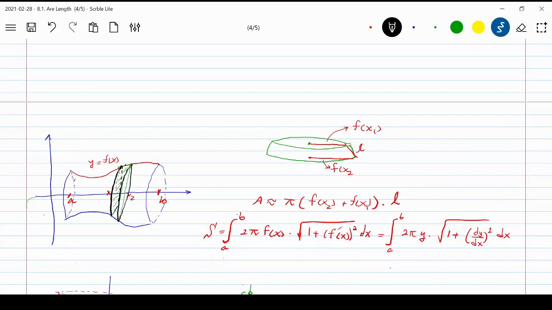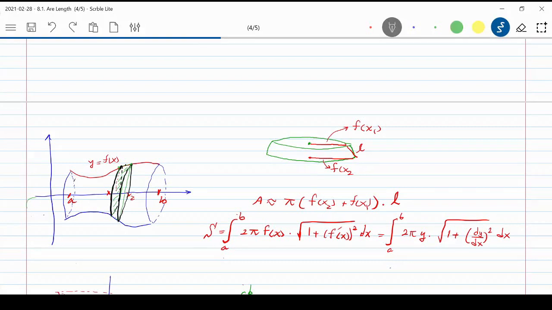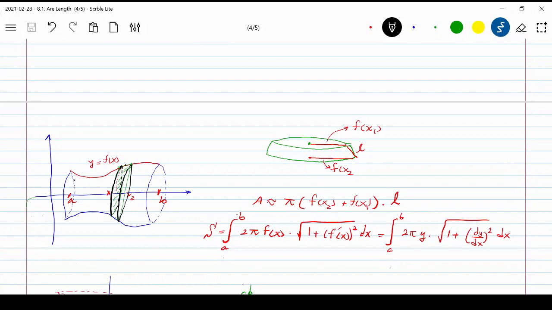Then what you can do is, again, like with areas, when we broke it up into smaller pieces, calculated each one, approximated it and summed over all those, and then replaced it with integration through a limit, you can do the same thing.